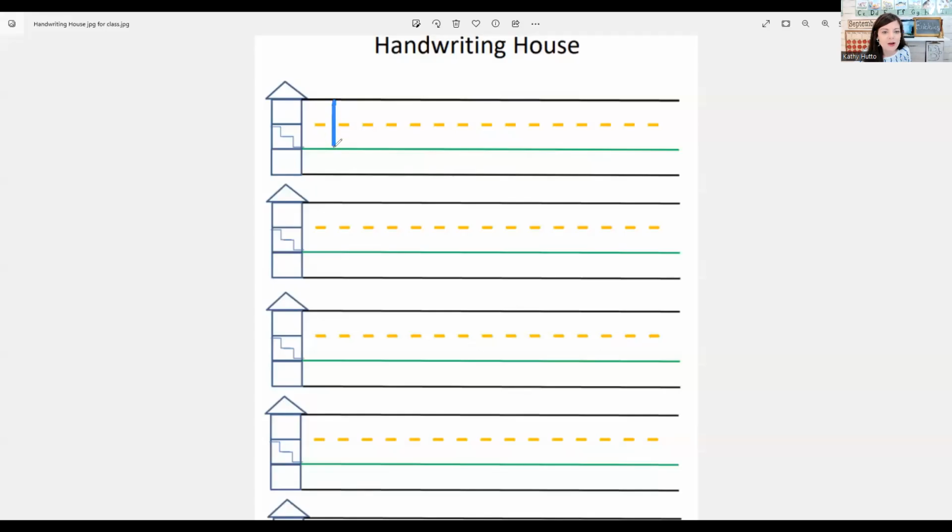So first make a line that comes down and then blow a bubble up top, blow a bubble downstairs. Down and 2 bubbles. Go down and then a bubble upstairs and a bubble downstairs.